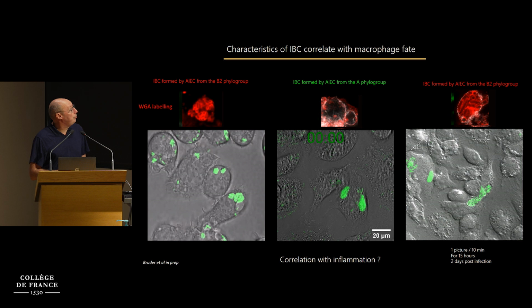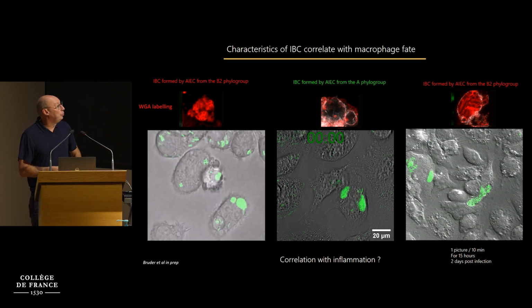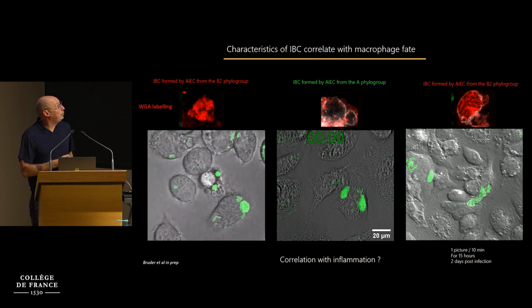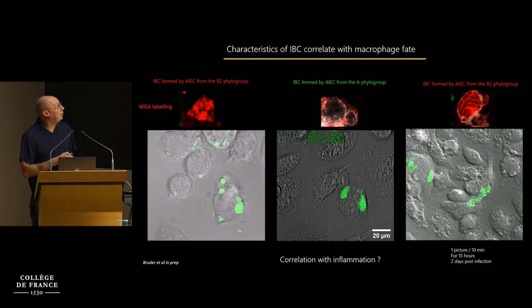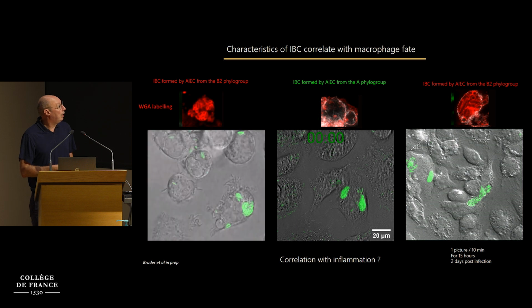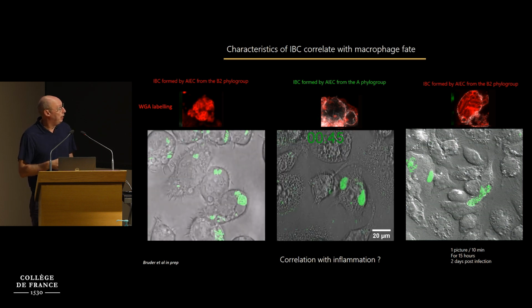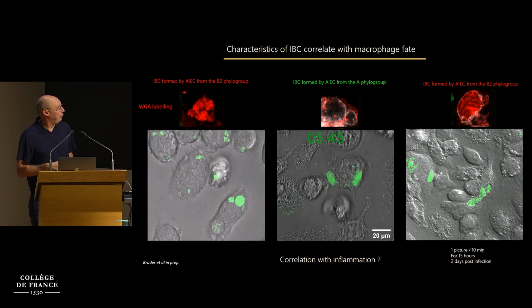And I will finish with that. We can also come back to the fate of the macrophage of the different bacteria according to the type of community they form, either it's a community structured by biofilm matrix or not. So this is the movie I already showed you before. This is the only fate that we observe for LF82, the reference strain.